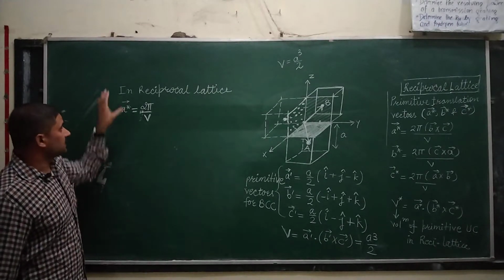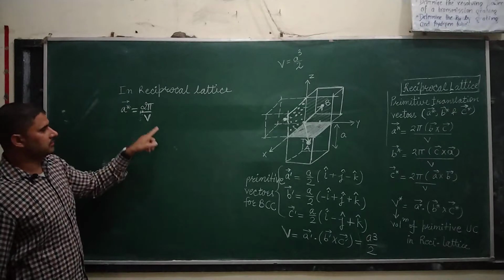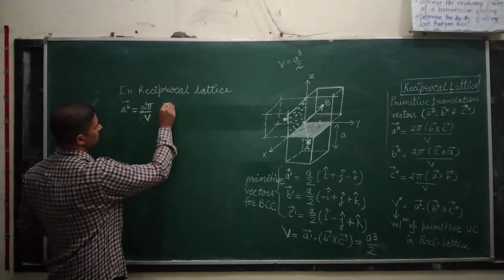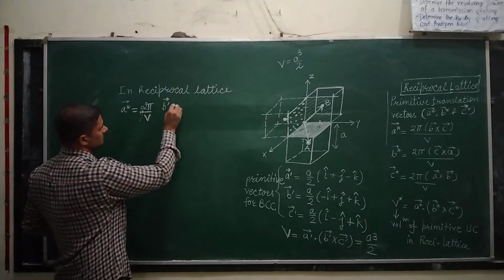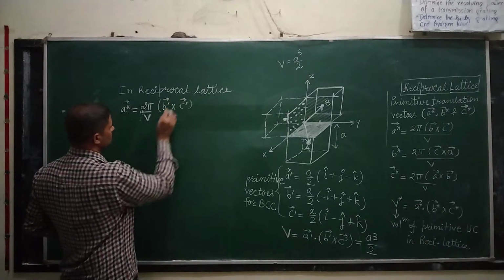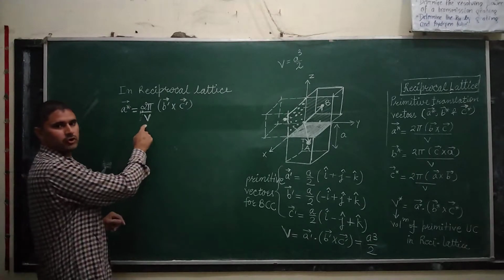So class, in the reciprocal lattice, A star will be 2 pi by V into B dash cross C dash, divided by the volume.